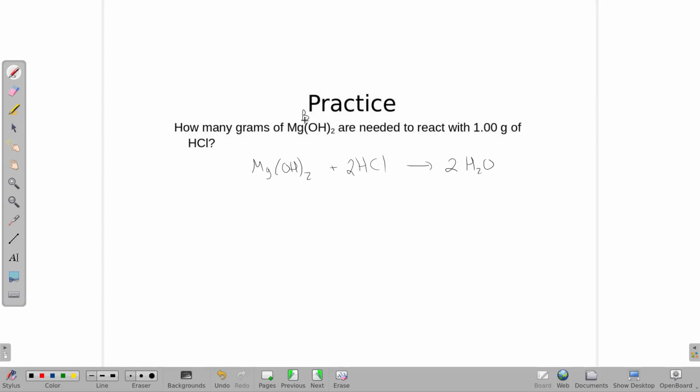We got a base here and we have an acid here. All right, that's going to leave us with magnesium and chloride, the salt from a neutralization reaction, which in this case is MgCl2. I get that because Mg is a positive 2 ion, chlorine is a negative 1 ion.